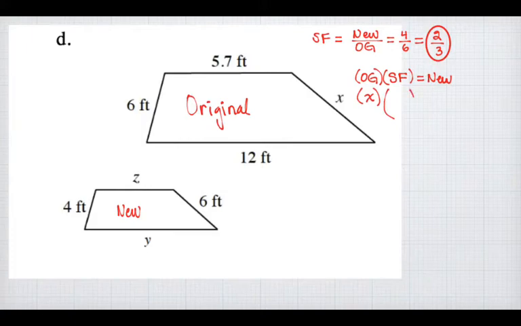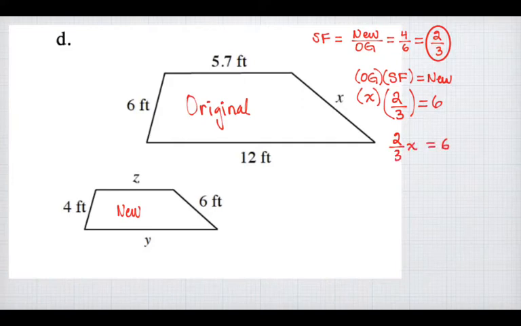What's our scale factor? 2 over 3. We've already labeled our scale factor, ladies and gentlemen. It's right here. 2 over 3 equals our new side. Which one's our new side? 6. Okay. Well, x times 2 over 3 becomes 2 over 3 x equals 6.